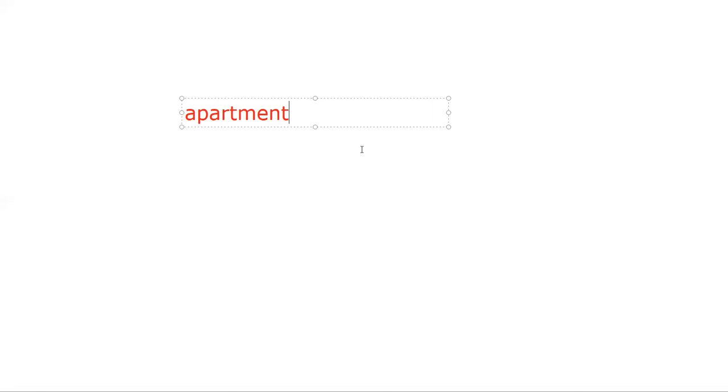Please Google and you will find the pronunciation. Type apartment pronunciation and you will get it. This is the way you can always check for the correct pronunciation.